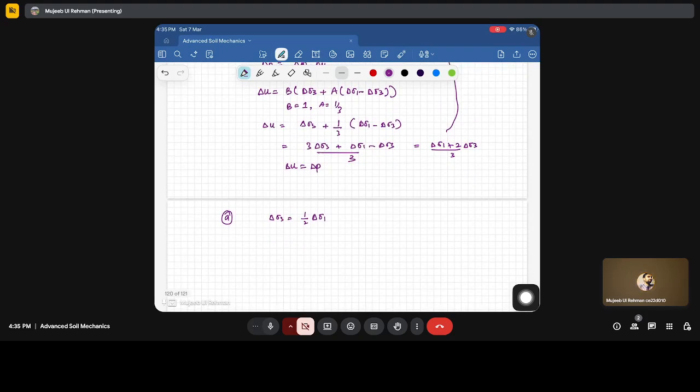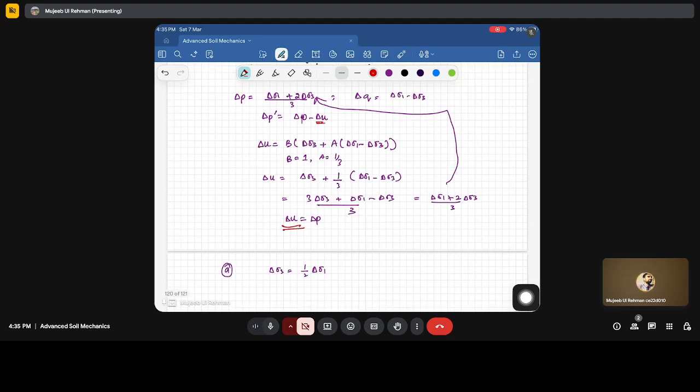So for any loading applied to this special material during the undrained conditions, the effective stress path will be like this. It is P, it's Q. The effective stress path will be a vertical line, where delta P is equal to 0.